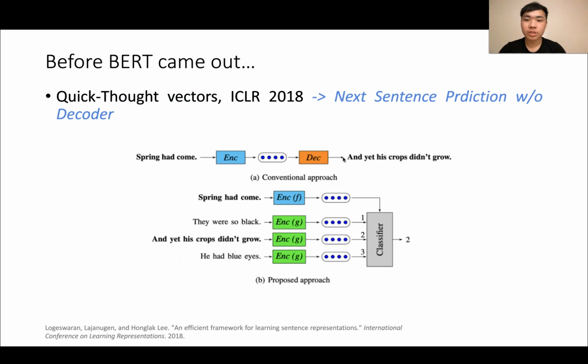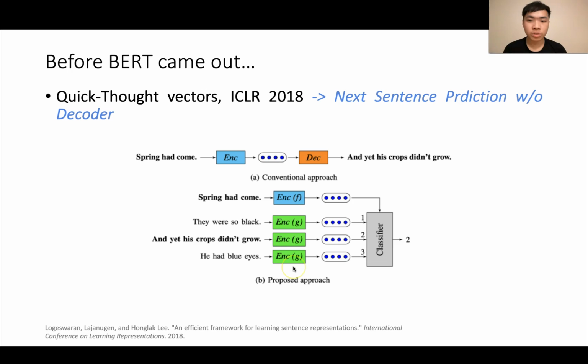After this paper, there is another paper called Quick-Thought Vectors in 2018. They also do some kind of next sentence prediction, but the difference is that they don't need the decoder. They can just use a classifier to classify which sentence is the correct next sentence.